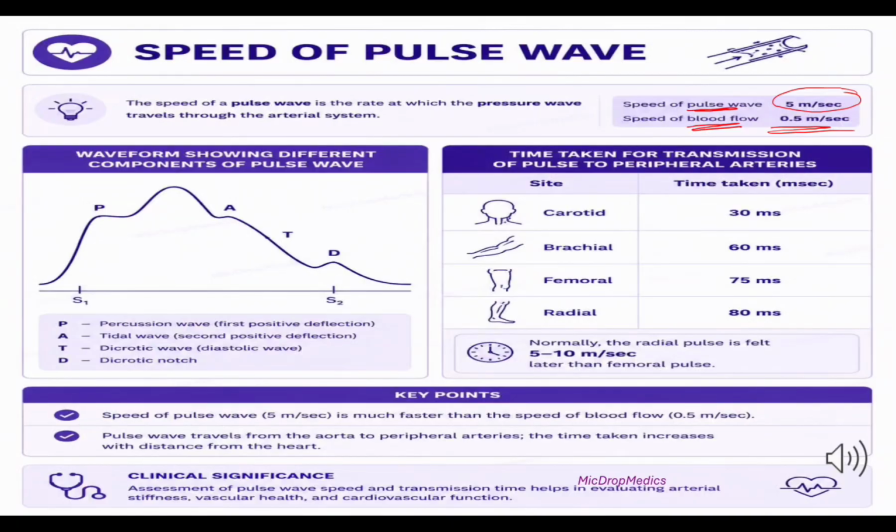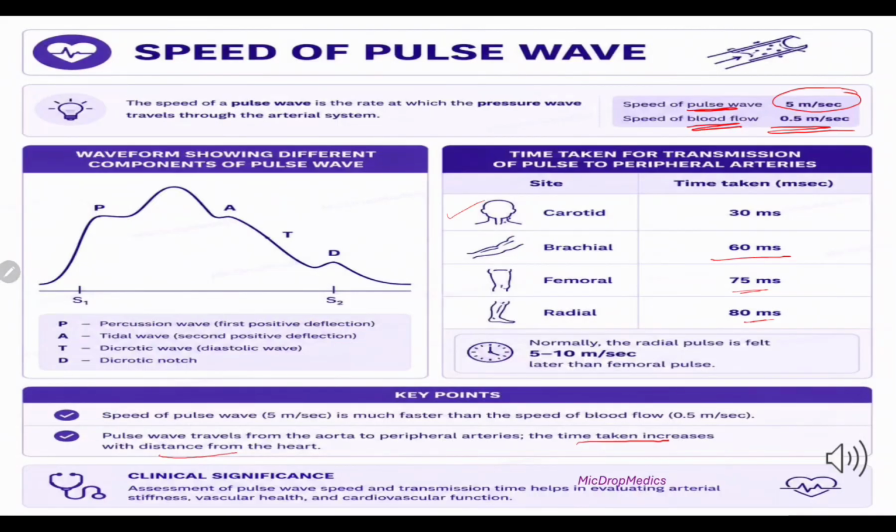Because of this, the farther away an artery is from the heart, the longer it takes for that pressure wave to arrive. It takes about 30 milliseconds to hit the carotid, 60 milliseconds to reach the brachial, 75 milliseconds to reach the femoral, and 80 milliseconds to register at the radial artery at the wrist.